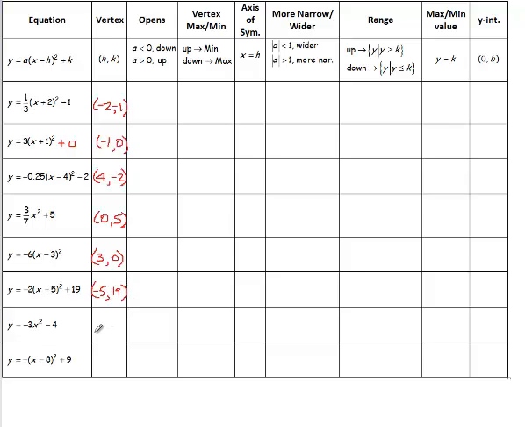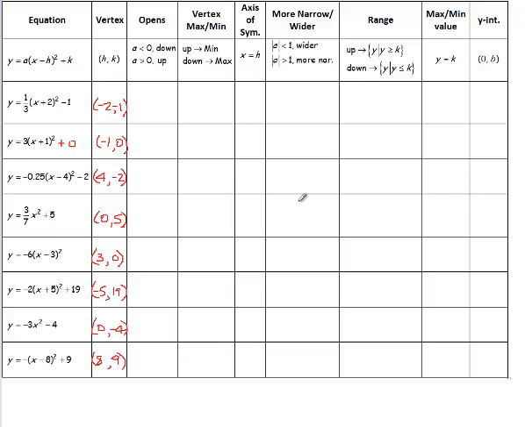And then the second last one, I'll give you a second now to see if you can do it yourself. And if you said 0 for x, negative 4 for y, you are exactly correct. And the last one is positive 8 for the x coordinate and positive 9 for the y coordinate. So that's how you find a vertex.